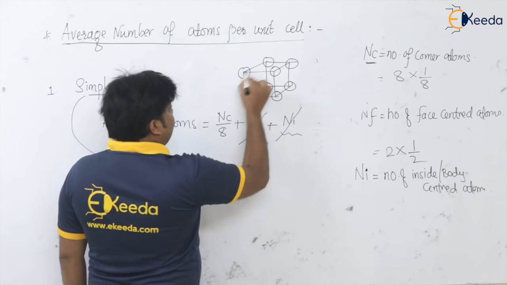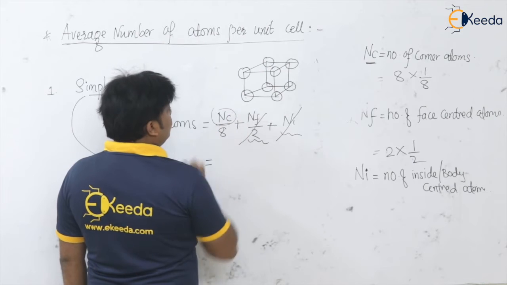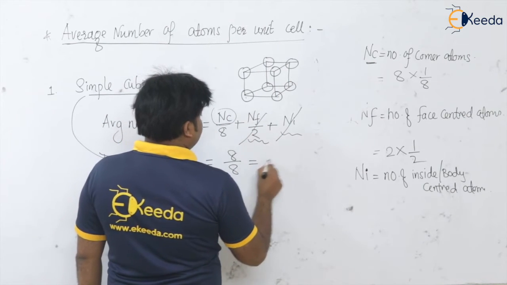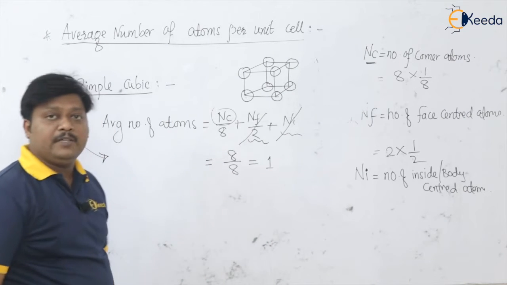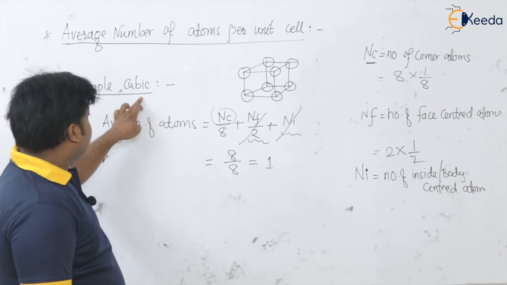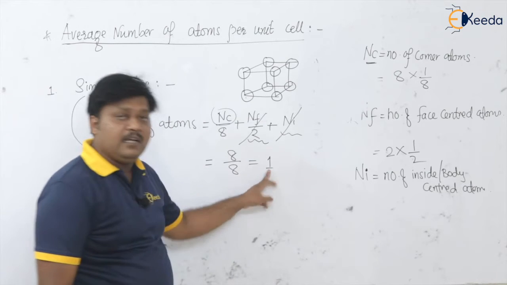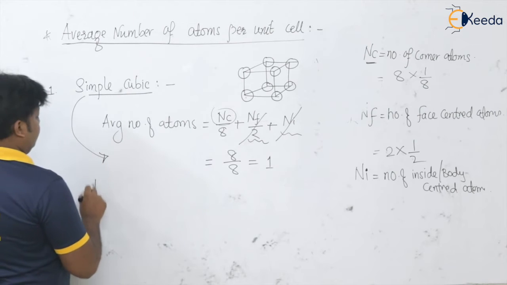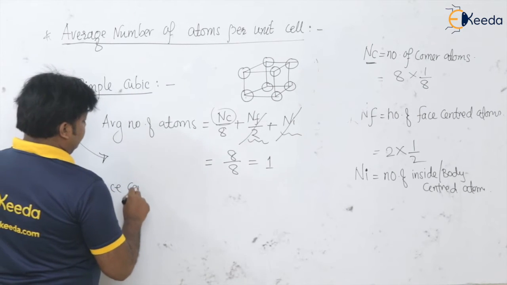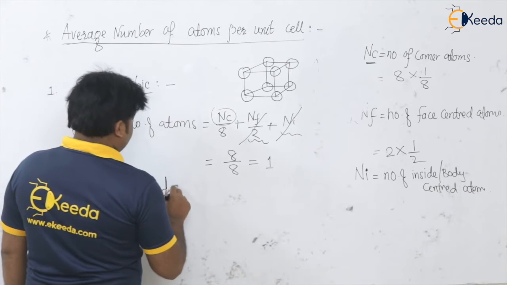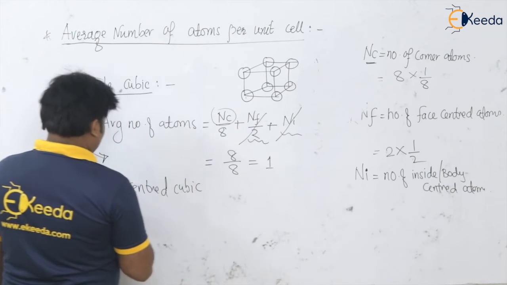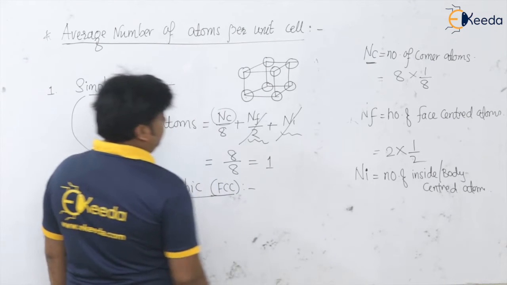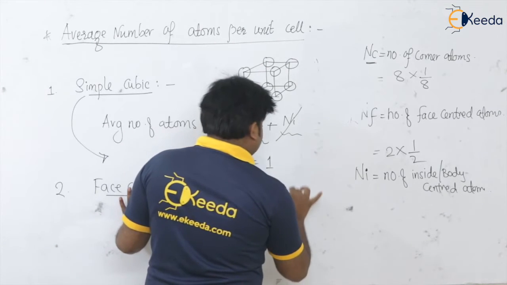So number of atoms at the corners is 8, 8 divided by 8, which is equal to 1. Okay. So in simple cubic, how many average atoms are there? 1. Now take the example of face centered cubic. We know this is the FCC, face centered cubic. See the diagram.